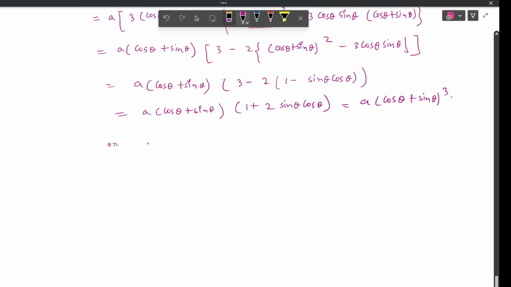Or we can say x bar plus y bar to the power 2 by 3 is a to the power 2 by 3, and this is cos theta plus sin theta square. We raise both the sides to the power 2 by 3. Now we have to subtract 2 from 1.